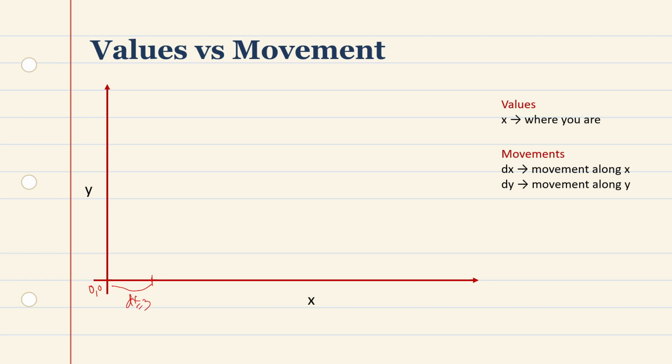If we moved in the x direction, we're going to have a result. Let's say that the y value moves by dy. What does that mean for us? That means our position has moved from 0, 0 to this location on our Cartesian system.